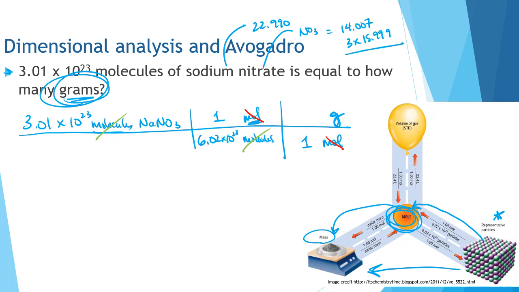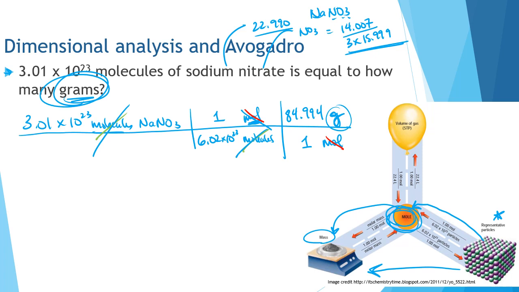So if I add all of these up, 22.990 plus 14.007 plus 3 times 15.999, because I've got sodium nitrate, NaNO3, and I hand it into the calculator, it gives me 84.994 grams. So now I can go ahead and do all my calculations because I have grams.